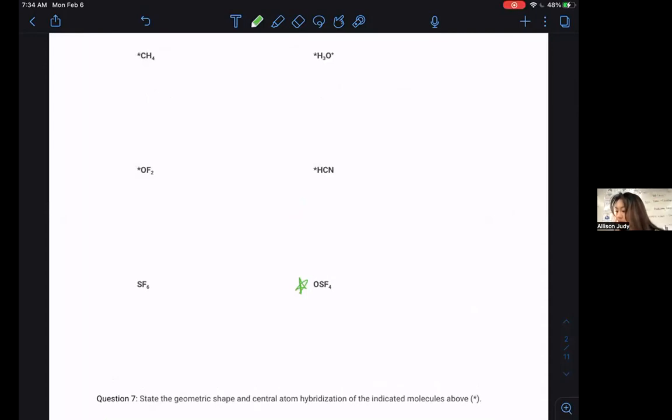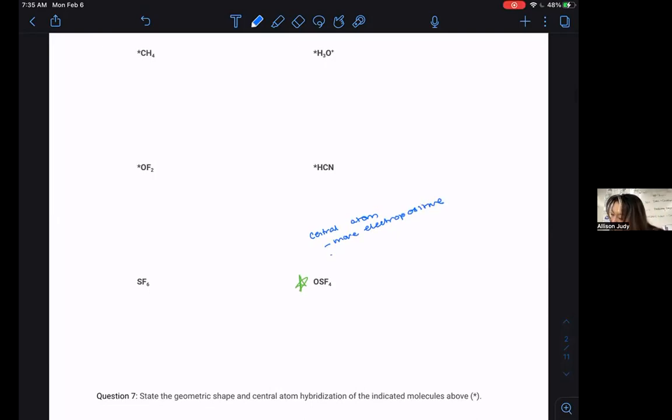So what we have here is sulfur bonded with oxygen and fluorine 4. And why I know immediately that it has to be sulfur as the central atom is because central atoms, while usually written first, tend to be more electropositive or at least less electronegative.